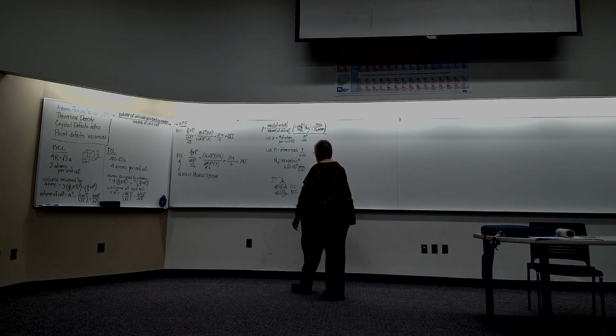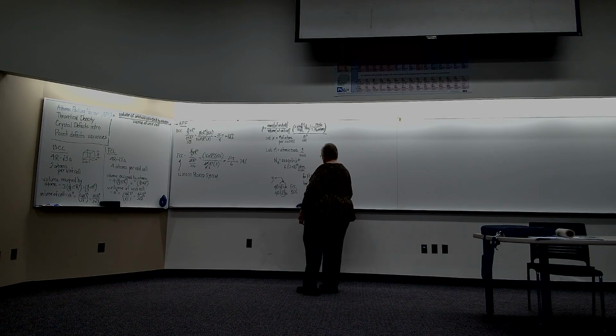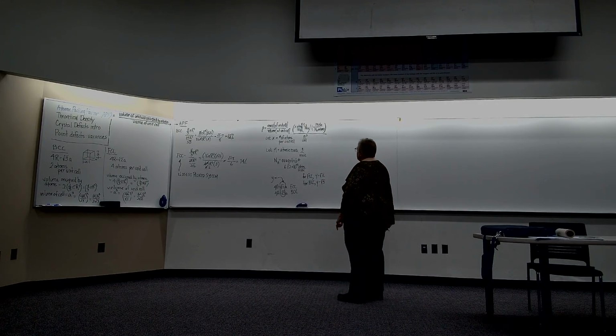So for FCC, y is equal to the square root of 2. For BCC, y is equal to the square root of 3. Okay, so the volume of the unit cell is a cubed.